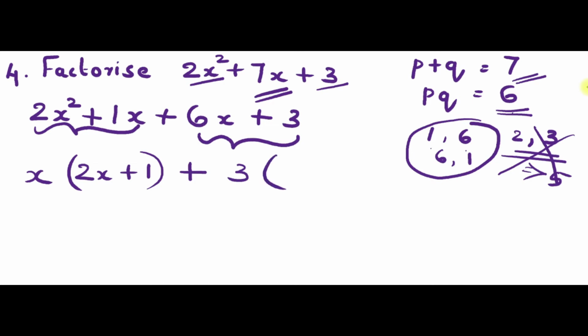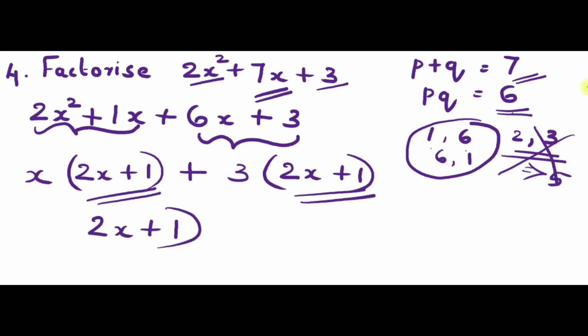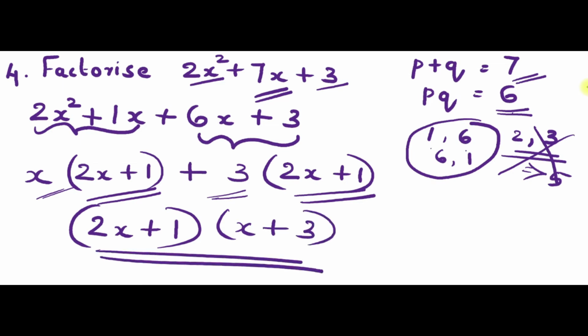Then remaining terms are 3 multiplied by 2 will give you 6. So, 2x plus 1. Here you will be getting one term as common. So, I can write that common term here, 2x plus 1, then remaining x and 3 I can group together and write it as x plus 3. These are your factors. 2x plus 1 and x plus 3 are the factors of 2x square plus 7x plus 3.